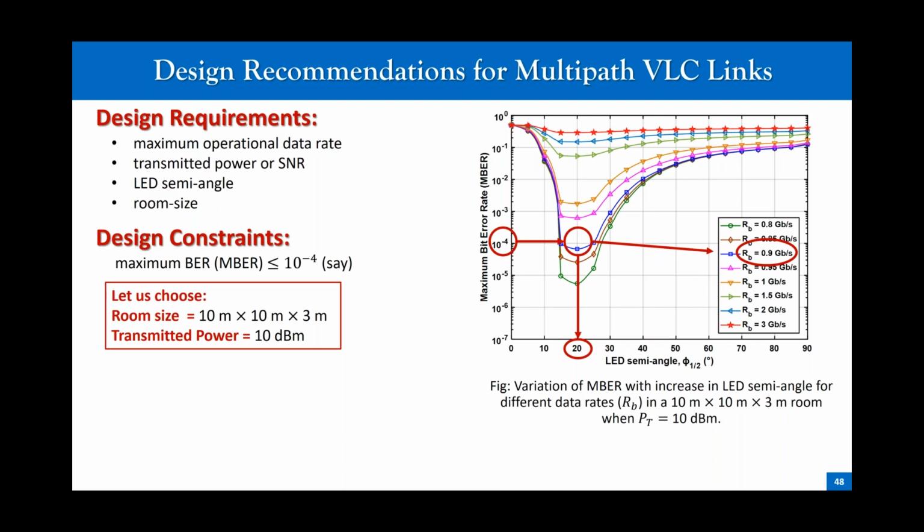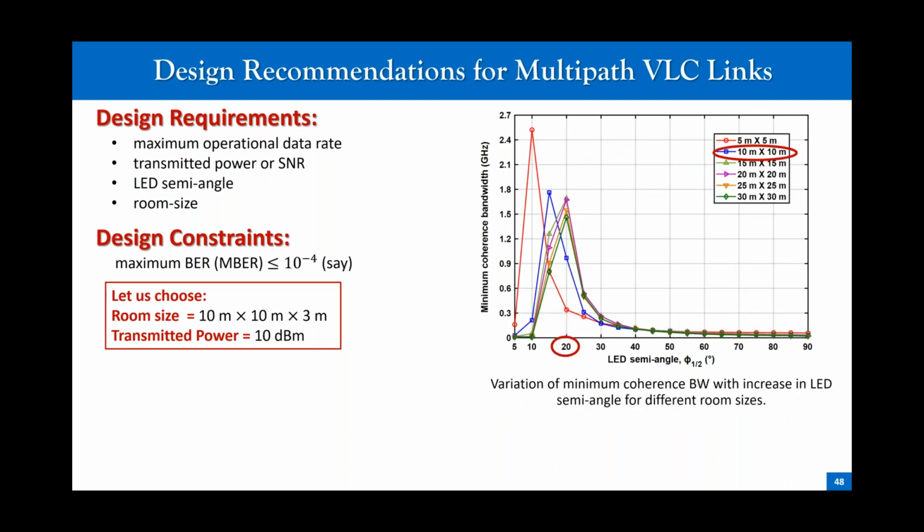So let us look at this picture. The coherence bandwidth that we have for the 10 meter by 10 meter by 3 meter room is again the highest at the LED semi-angle of 20 degrees, and this is 0.96.